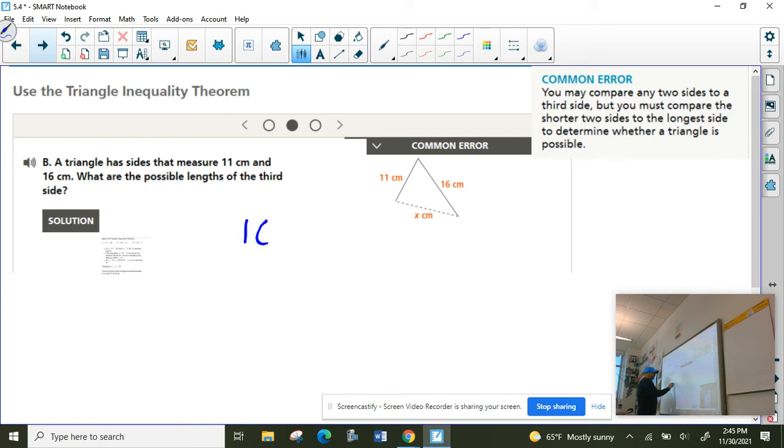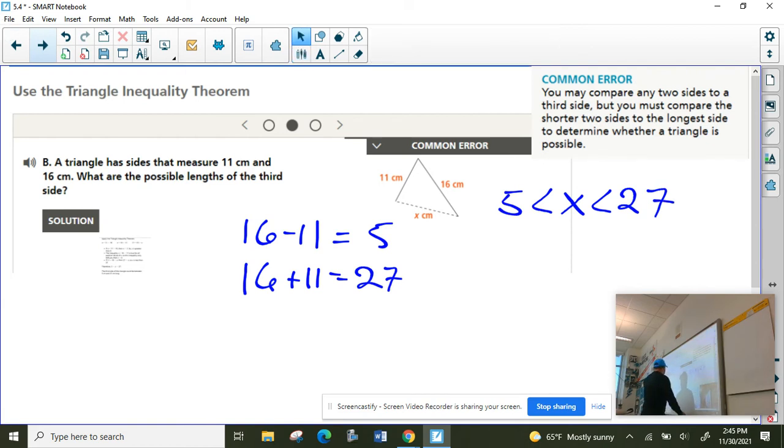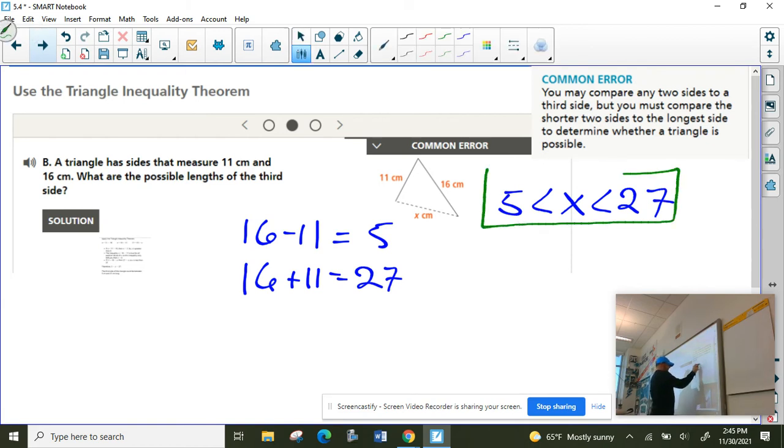You take the two sides and you subtract them. 16 minus 11 is 5. Then you add them and you get 27. So what does that third piece have to be? It has to be bigger than 5, but smaller than 27. And so the way you write that is 5 is less than x, which is less than 27. This is an inequality statement.